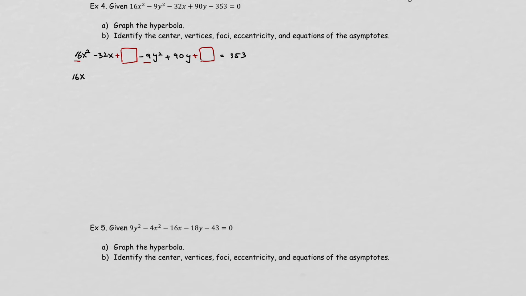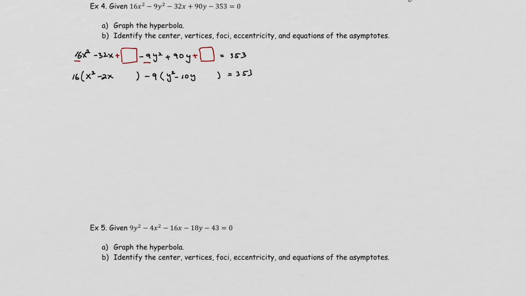When I factor 16, I get x² − 2x. And then when I factor −9 from the y term, I will have y² − 10y equals 353.